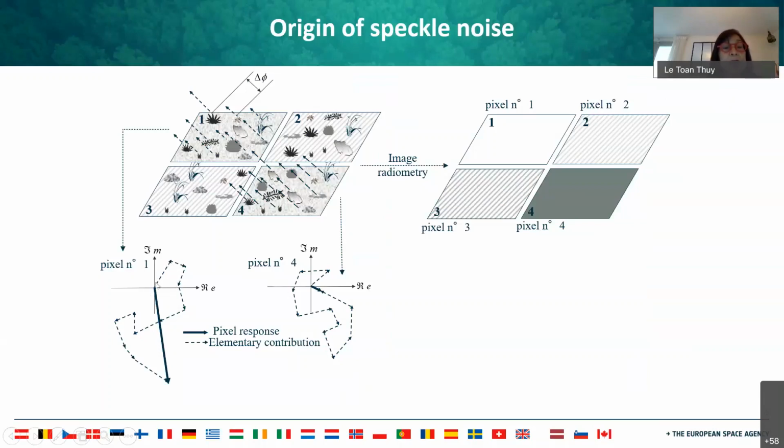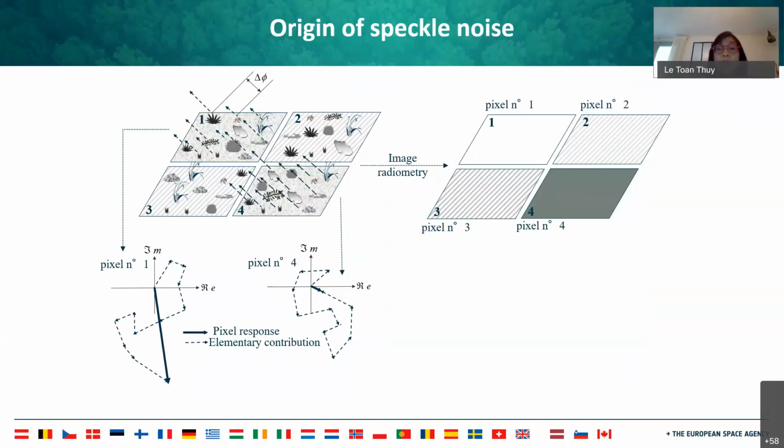And at the end, this pixel number 1 here has a coherent sum, meaning with the phase, which is high. And so pixel 1 is seen as a bright pixel.